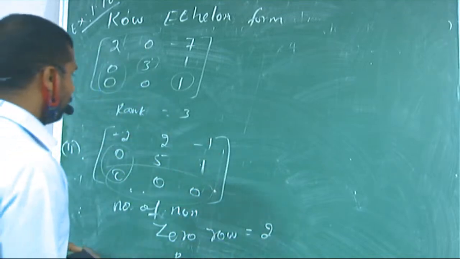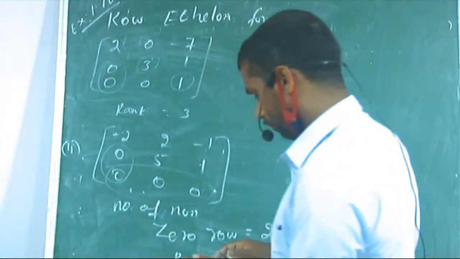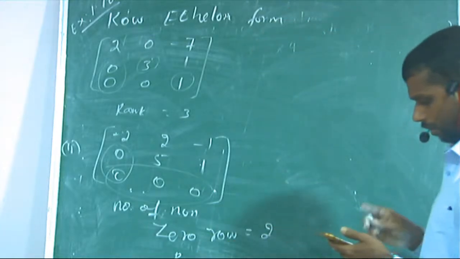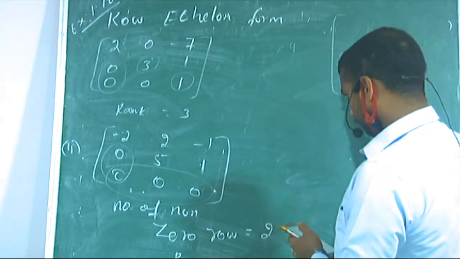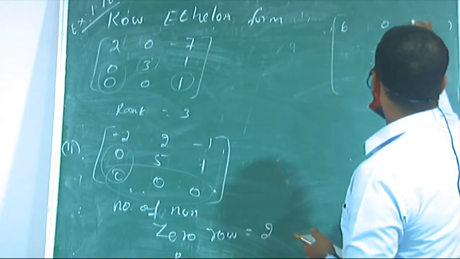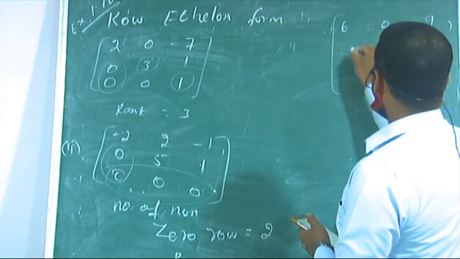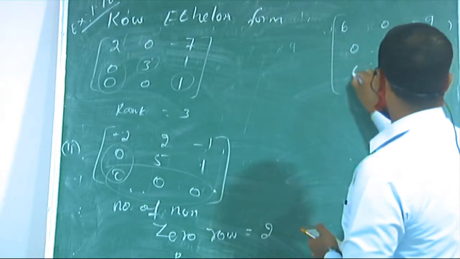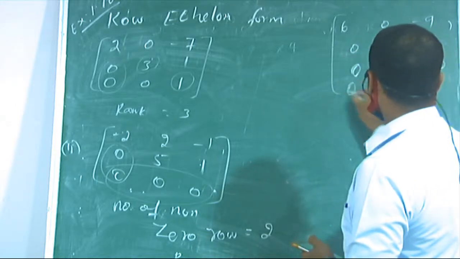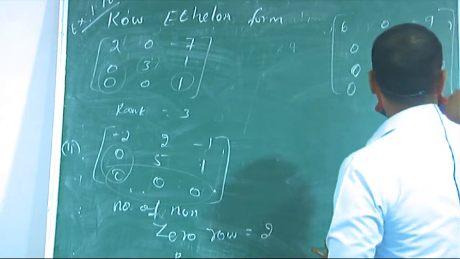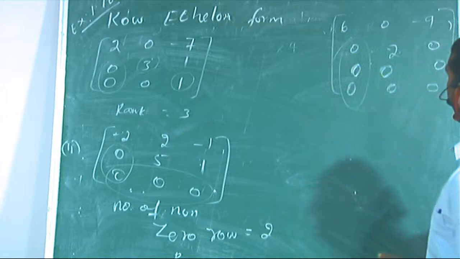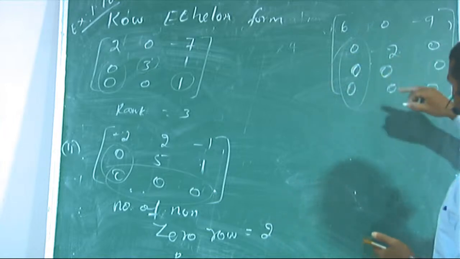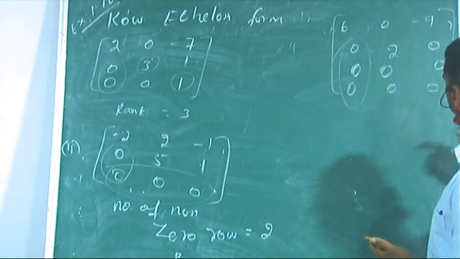Now the next one, the third. The matrix is 6, 0, minus 9, 0, 2, 0, and the last two rows are zero rows. Compared with row echelon form, under the non-zero digit there is 0, and in the second row also 0.